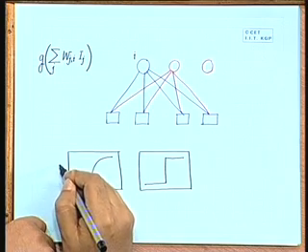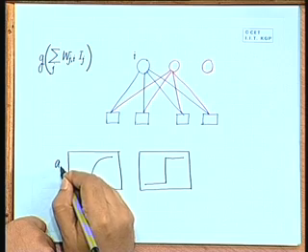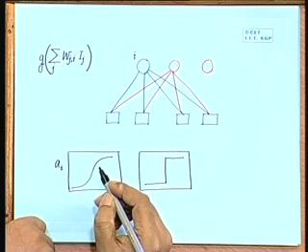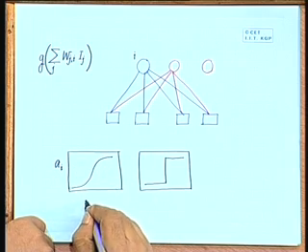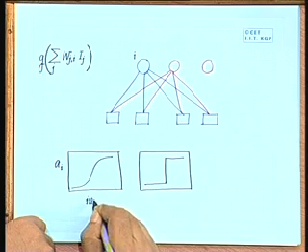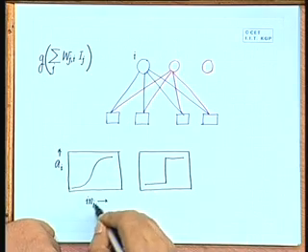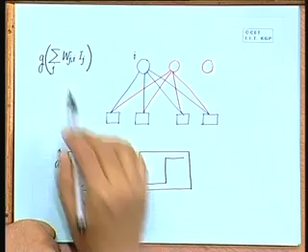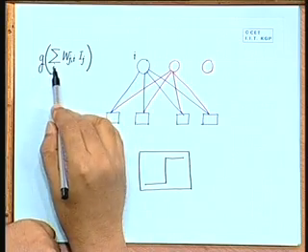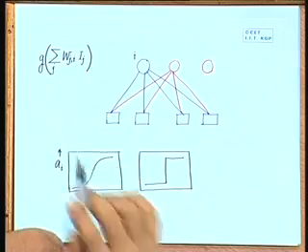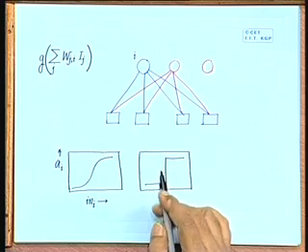The g function is going to determine what is the output of the neuron, what is the activation value of the neuron, given the input that it is receiving, and the input of the unit i is defined as sigma over j of w_ji times x_j.